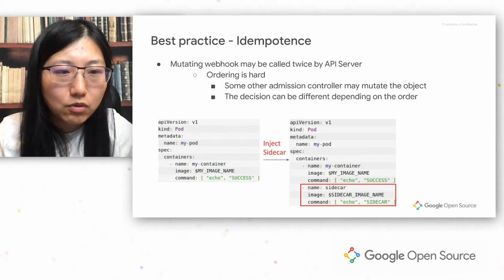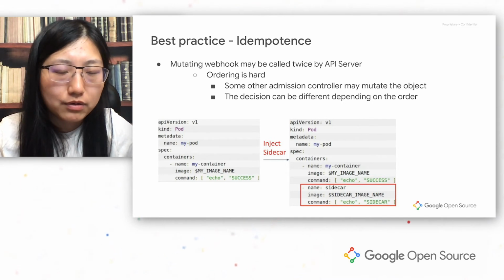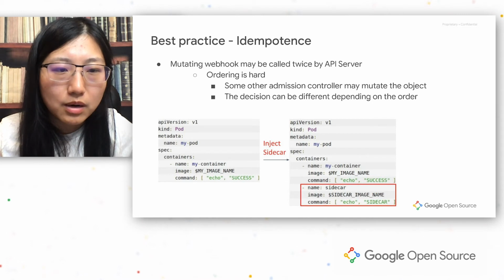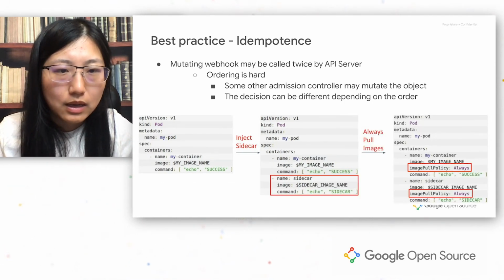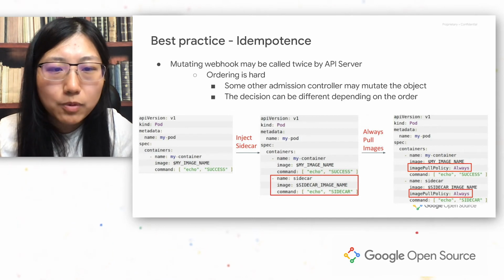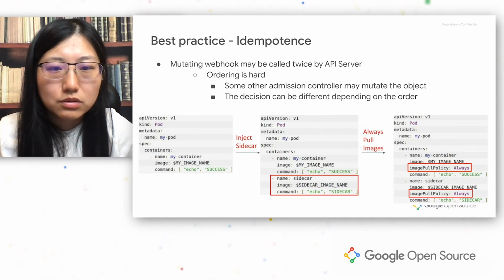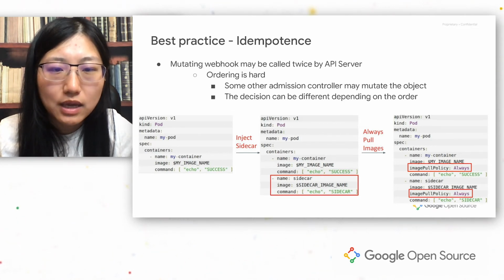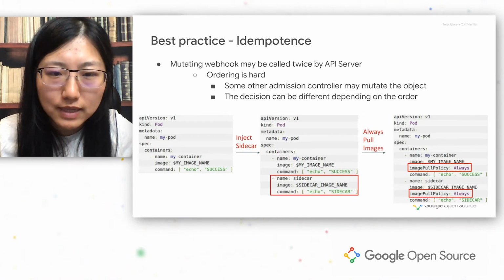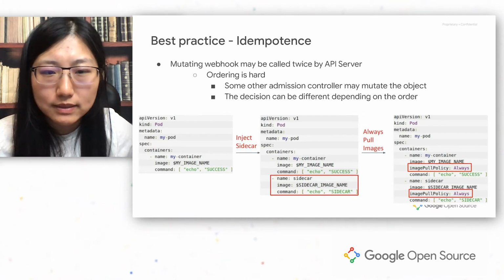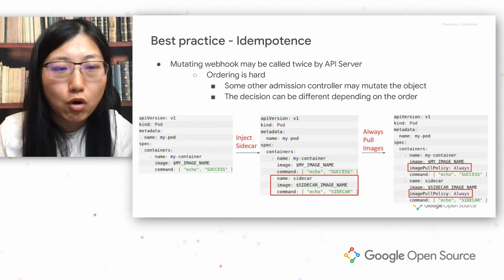Here in the example, we try to inject the sidecar, and when this controller is called, a sidecar container is appended into the pod. And then always pull images is called. So we will go ahead and check the image pull policy of all the containers and update them to be always. But what if the order is different?